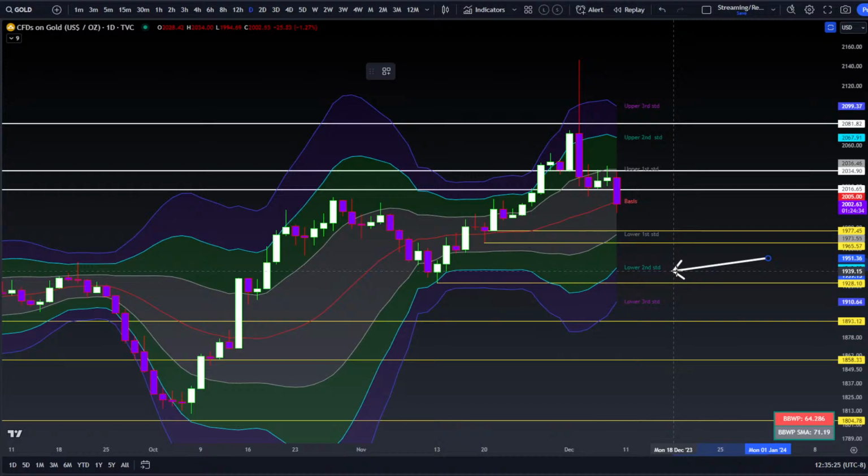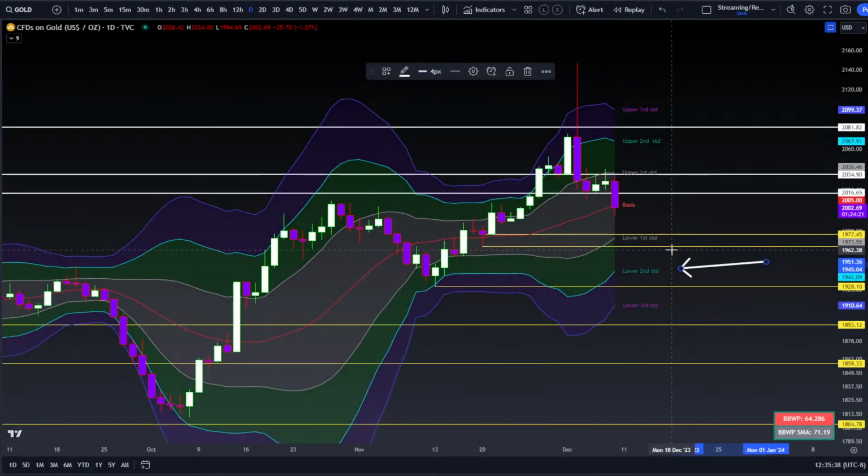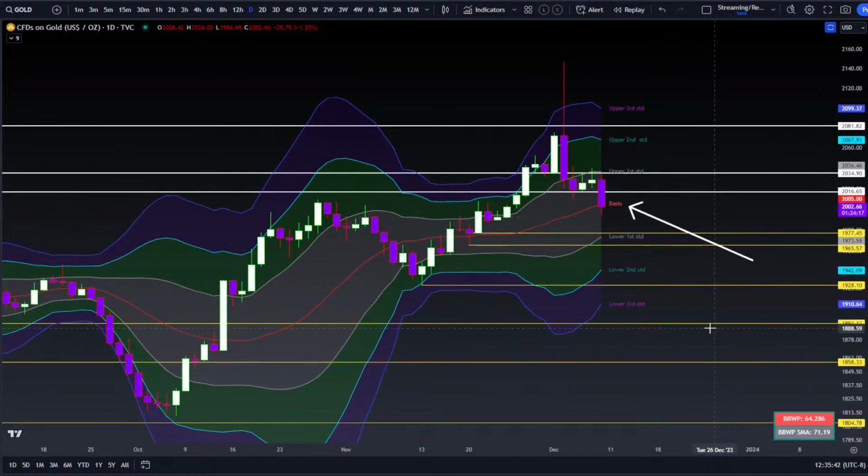Not out of the question to go test 1940, 1950 area, but if you want to see further upside sooner, you want to see 1980 hold at worst. So if it does close and lose the basis here, that is going to be the next area to pay attention to.